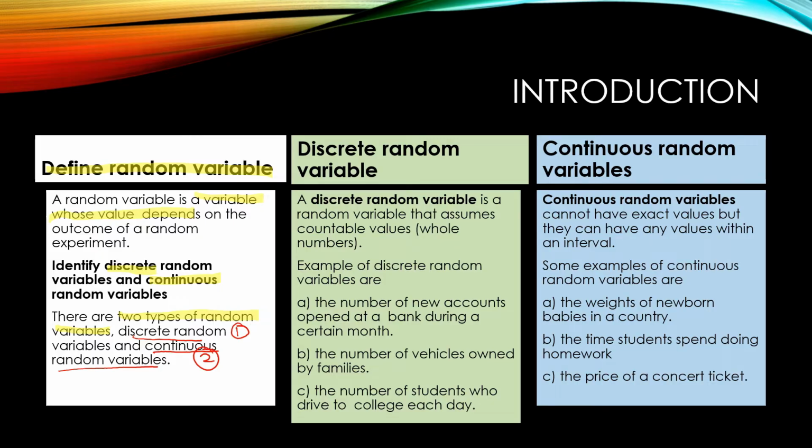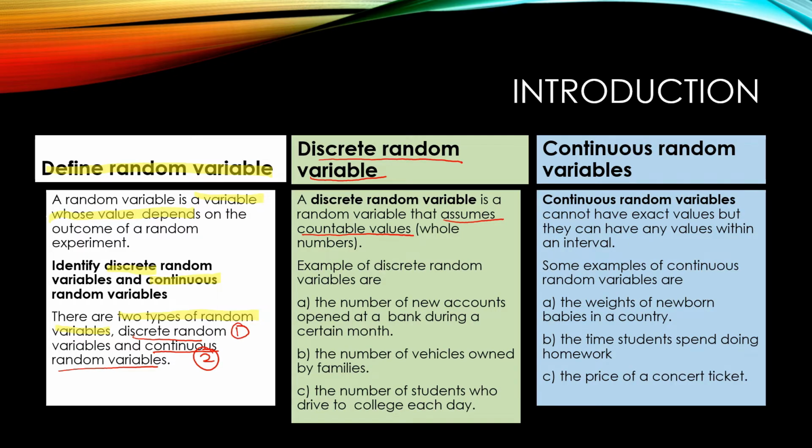Now let's move to the box which is in green color. The box states about discrete random variable. What is a discrete random variable? A discrete random variable is a random variable that assumes countable values. In other words, it is whole numbers.